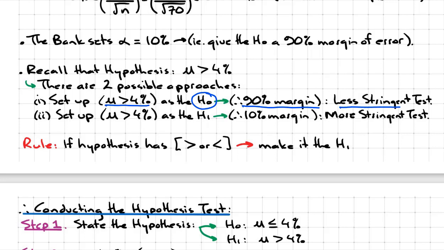So it's a less stringent test because you have a wide goalpost. So it's very easy for you to come within the goalposts. On the other hand, if you take the hypothesis and set it up as the alternative, it only has a 10% wide goalpost. So therefore, this becomes a more stringent test.